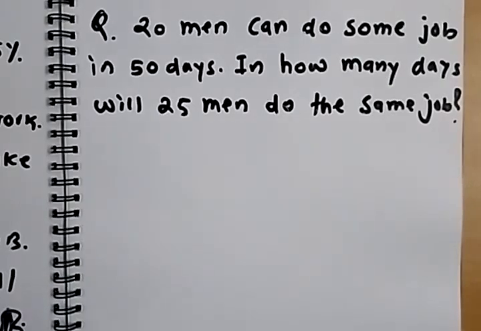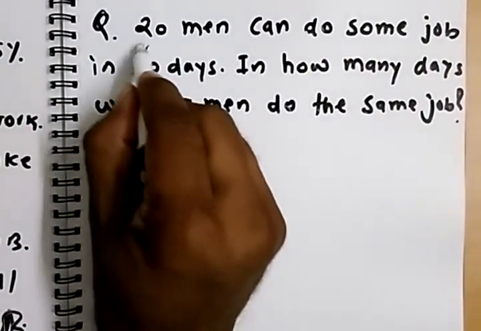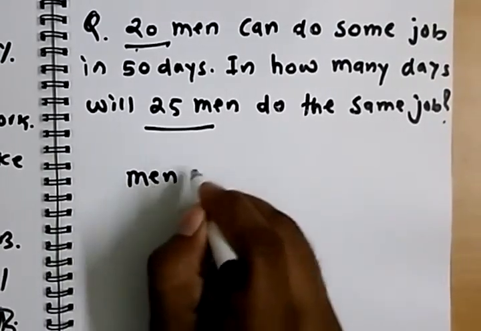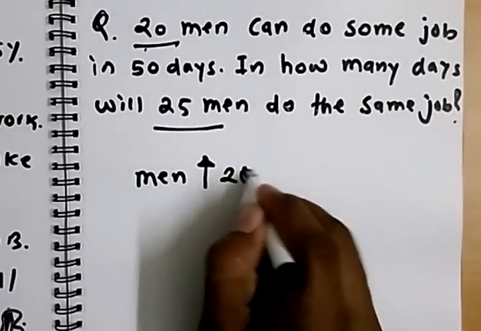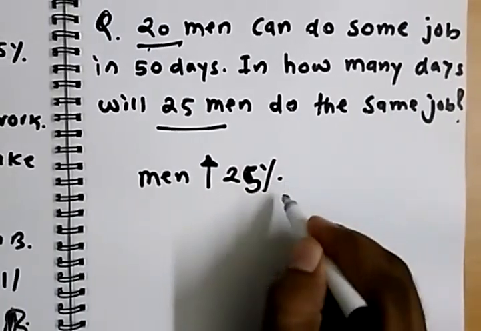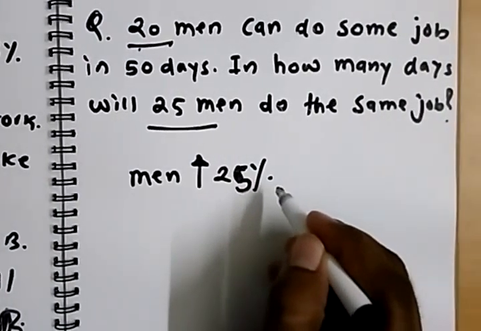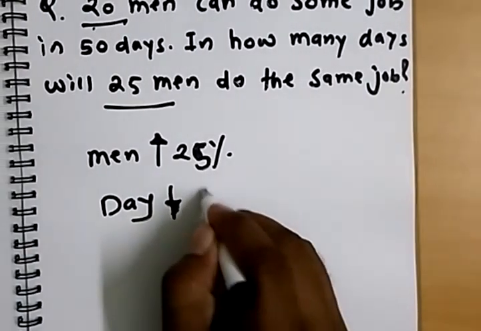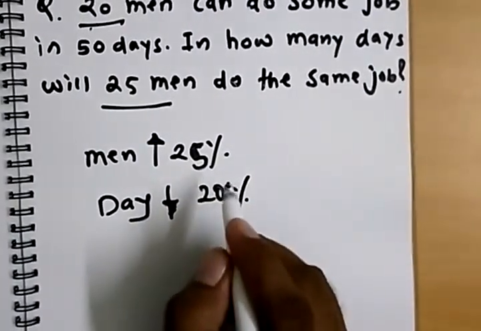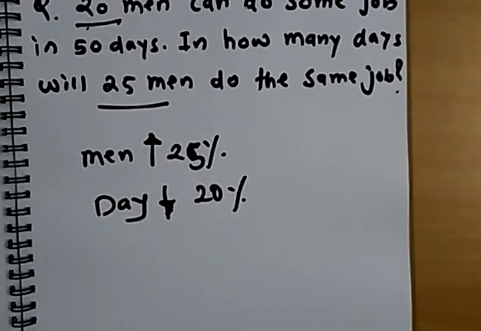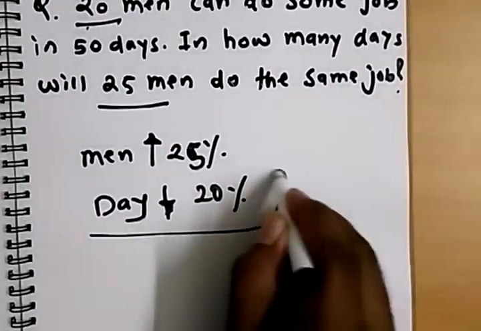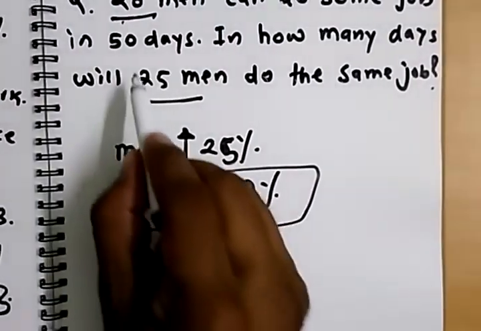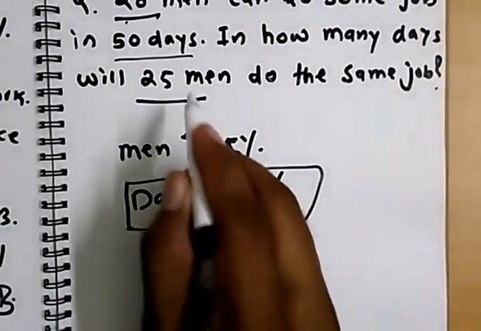So here the men are getting increased from 20 to 25. That means by 25%. Number of men are increasing by 25%. So days required should decrease by 20%. Previously we used to take 50 days when there were 20 men.